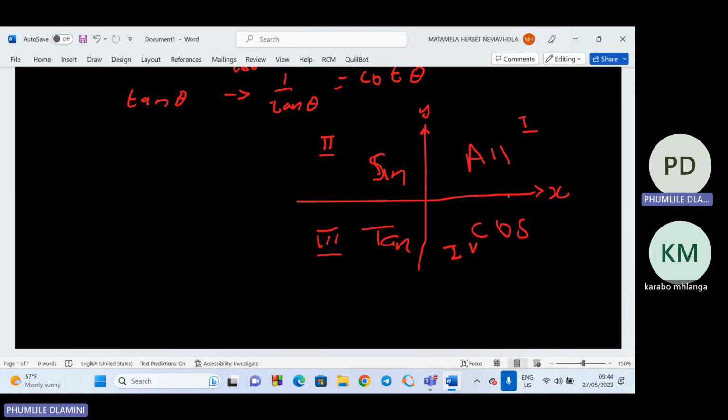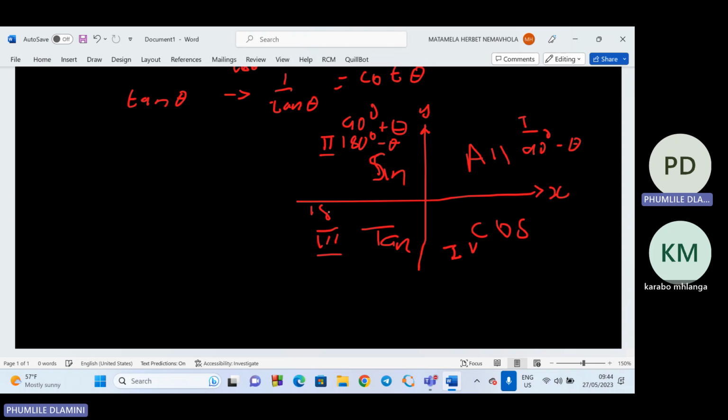Going to the first quadrant is like going from 0 to 90. Here we work with things like 90 minus theta. If we say 90 degrees plus theta, this is the second quadrant. And 180 degrees minus theta is still in the second quadrant.